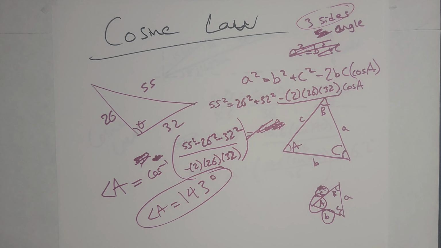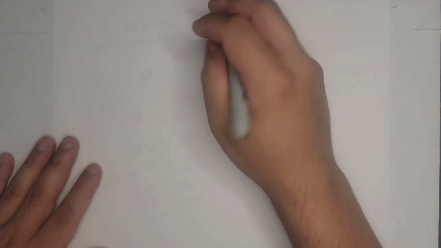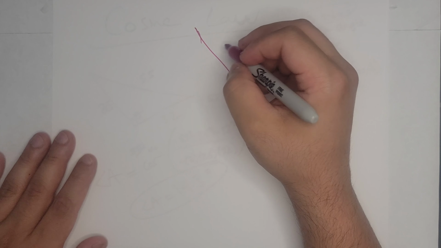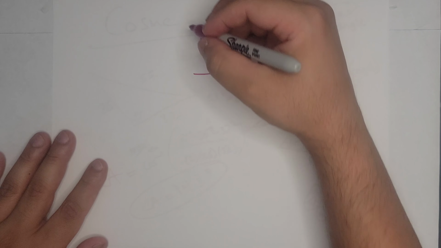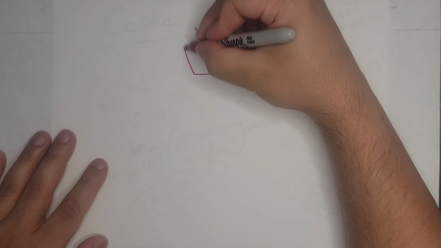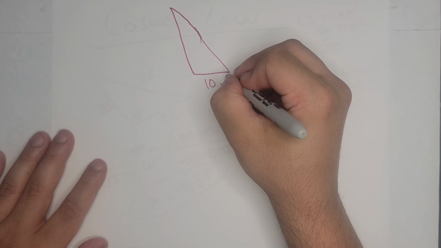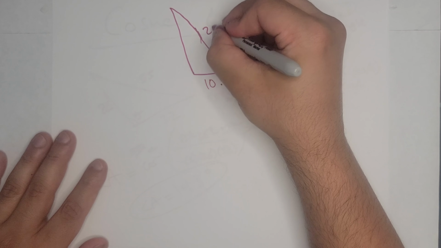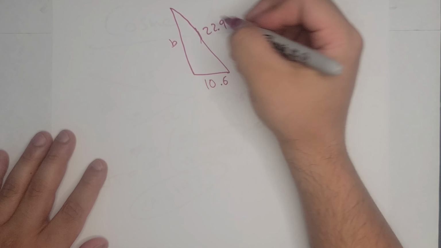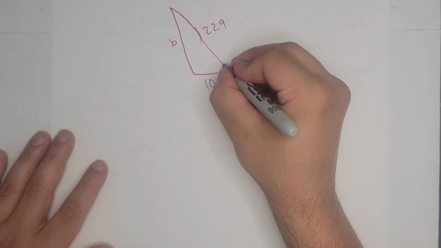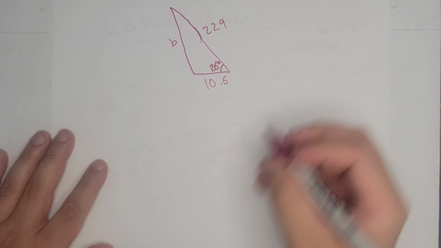But if we have, say, another example, say like this. Say I have 10.6, 22.9, and I want to find out the side B. And I have this angle 26.